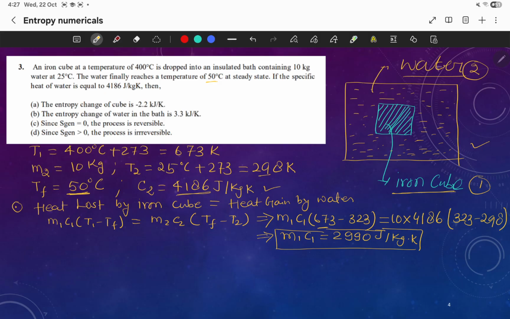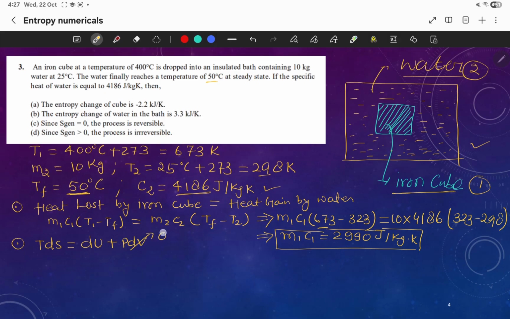In this type 2 we have only two equations. One is the energy balance equation and the other is the simple TdS equation for entropy change calculation. We know that TdS equals dU plus PdV.